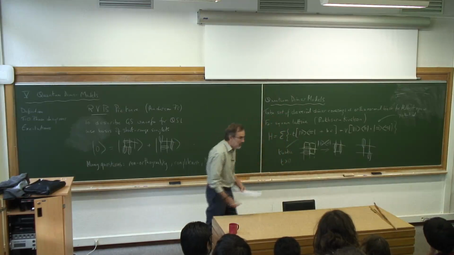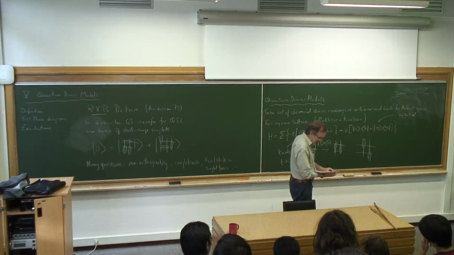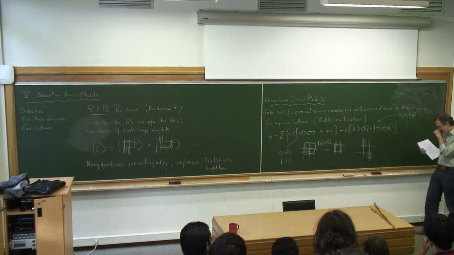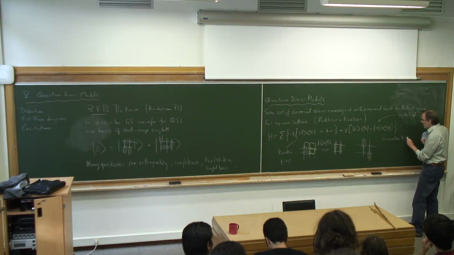Okay, and then a minor remark which connects with that question about plaquettes is that I've written things relatively explicitly for a square lattice, but you can also generalize easily to other lattices.